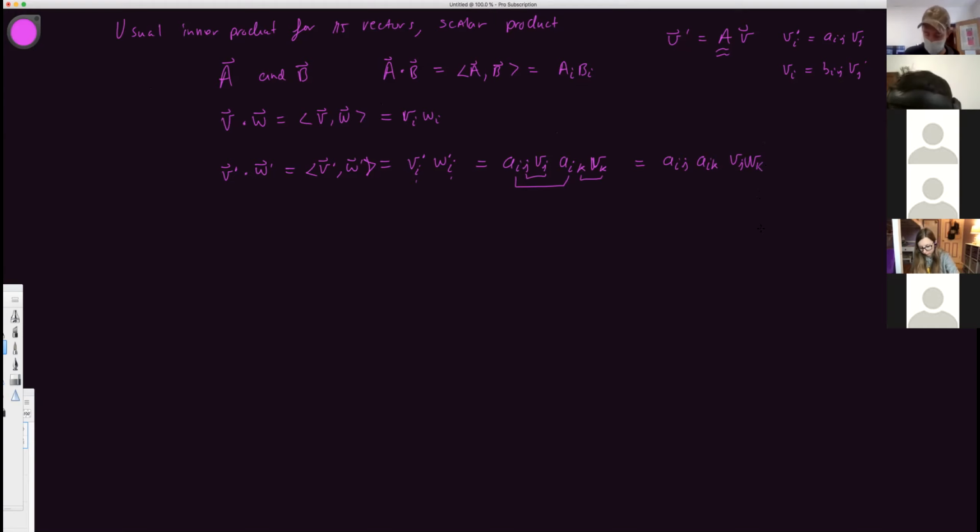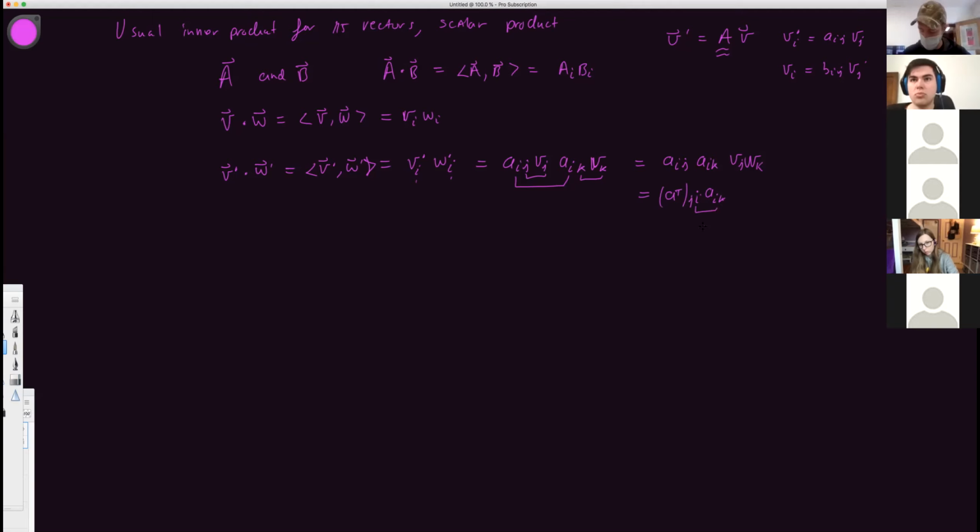And notice here that I don't have matrix multiplication, so it might be a good idea to make this matrix multiplication. So I'm going to use the transpose of one of them. So A transpose_ji A_ik. So we have matrix multiplication here, right?